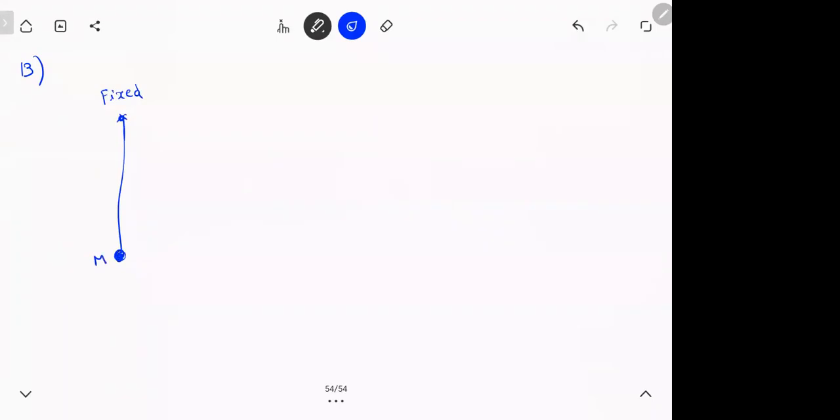This is mass M, and this was length L. So you pulled the pendulum by an angle theta, like this, and released it. So a pendulum is pulled by angle theta or displaced by theta and released. You just took the pendulum to the side and left it from there.